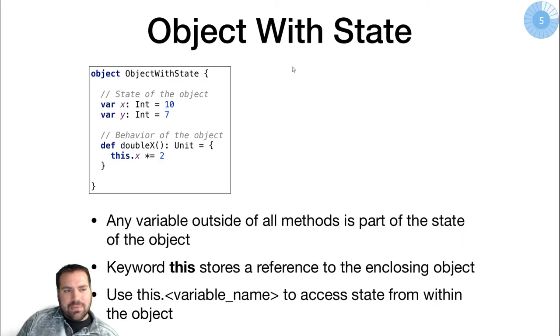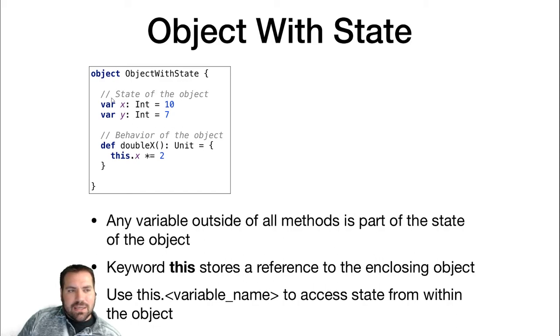So here's an object with state. We haven't really played with this yet, but this will start becoming more and more important. So an object is a collection of variables and methods. Here we have the state of the object defined by its variables. We have two variables, x and y of type int, and I'm assigning them initial values of 10 and 7. These variables are outside of all of the methods of this object.